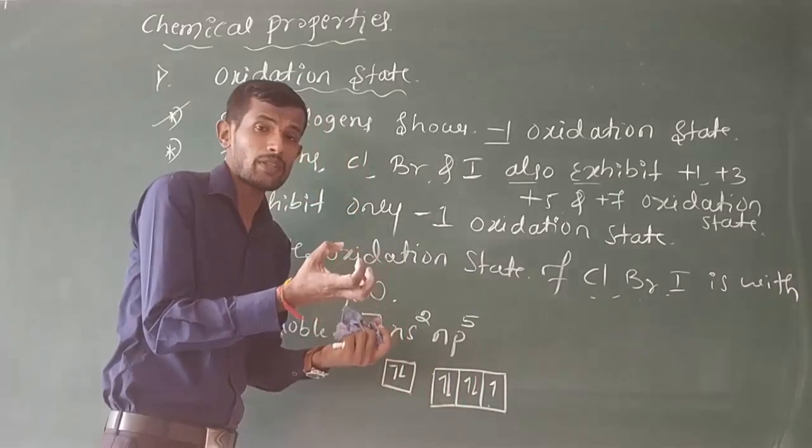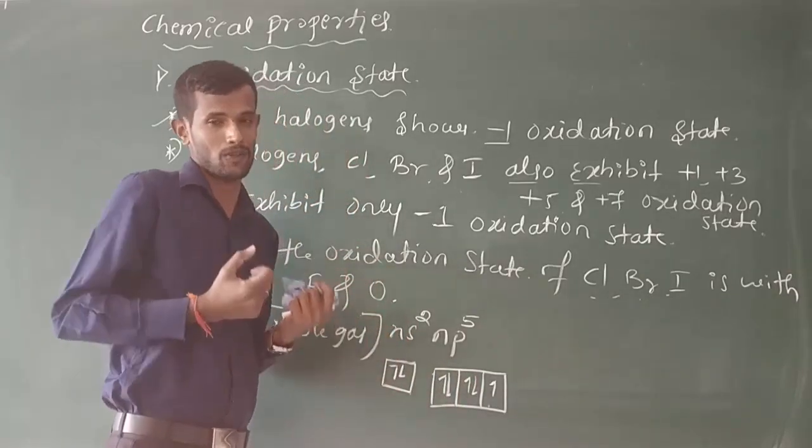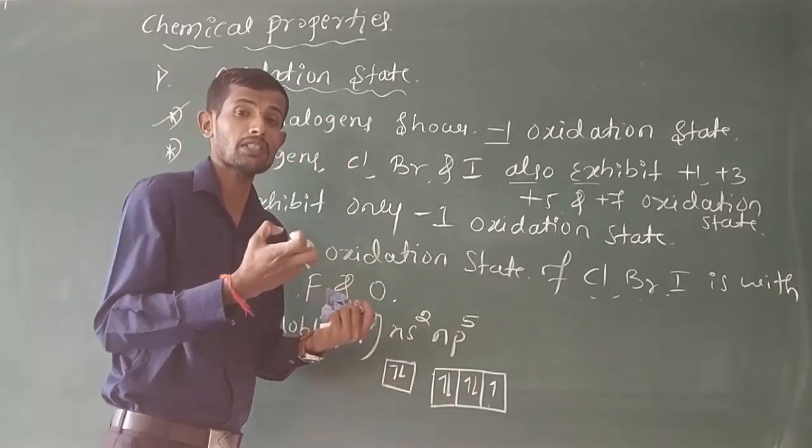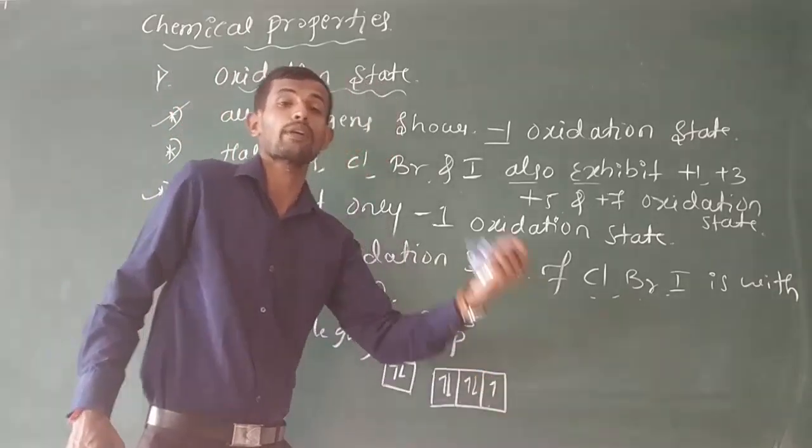Therefore, it always tries to accept one electron, take one electron and attain its octet configuration.